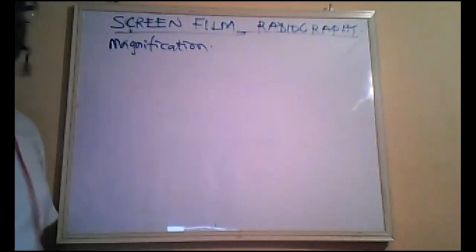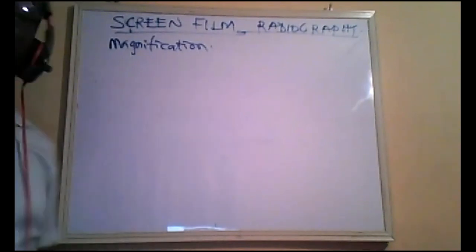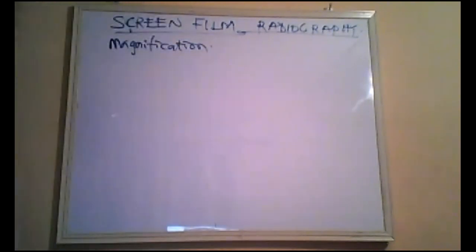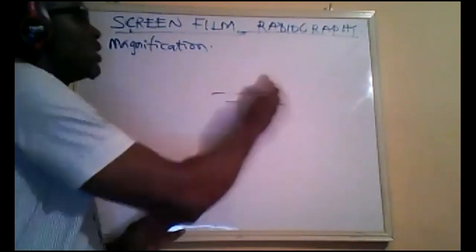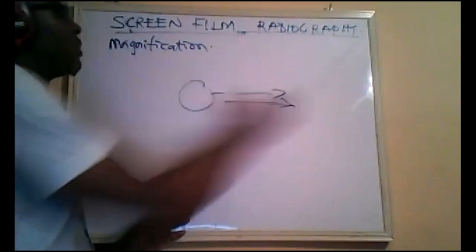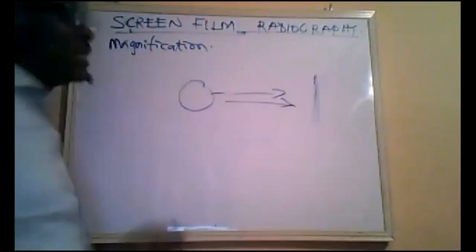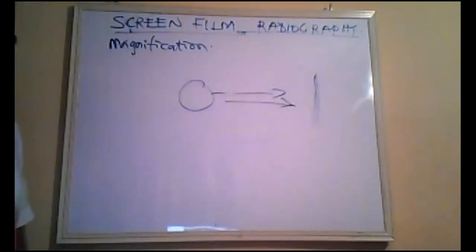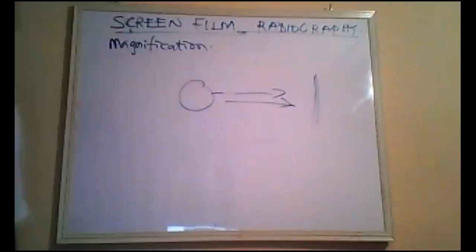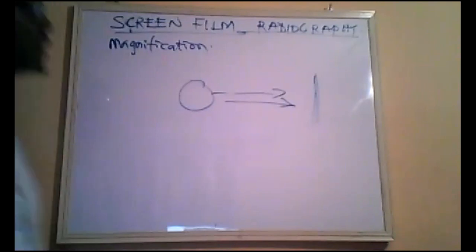But for projection radiography, the source is outside the body, and it is directing its photons through the body to a detector. So projection radiography, of course, we have that in CT, we have that in MRI, and so on.